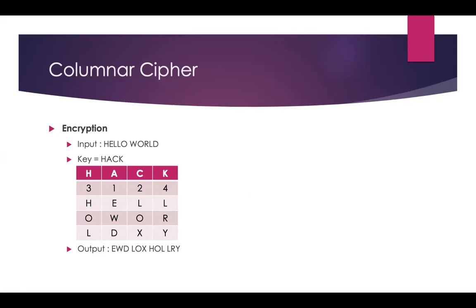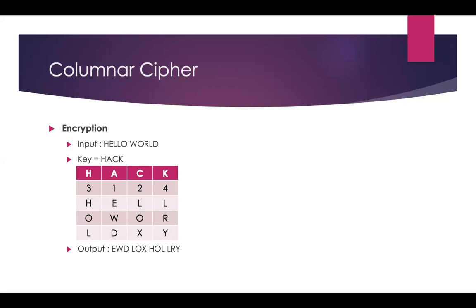As we have seen, we have written in row-wise order. Now, for reading our cipher text, we take it column-wise, following the numerical order.